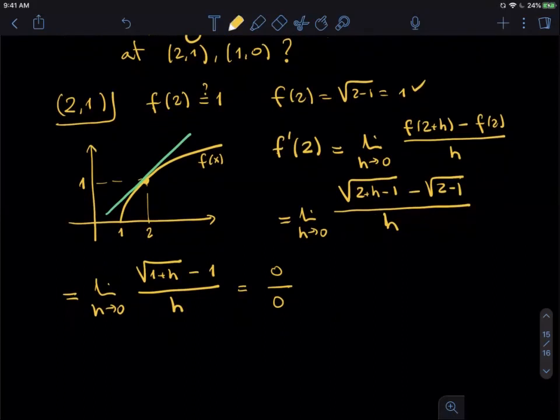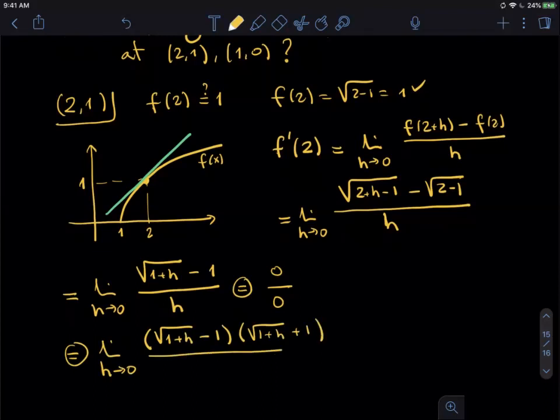So that means we need to be a little more careful there and apply some trick. And remember, when we have square roots, the trick we always try first is to multiply and divide by the conjugate. So it's the same expression, square root of 1 plus h, but plus 1 instead of minus 1.